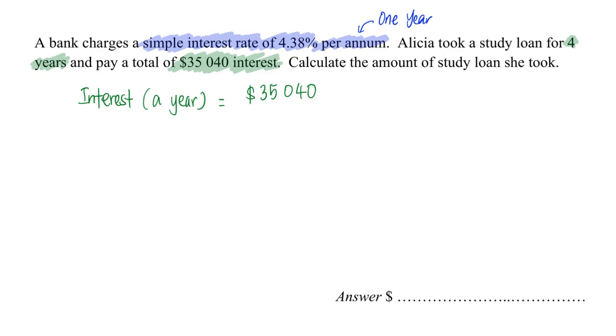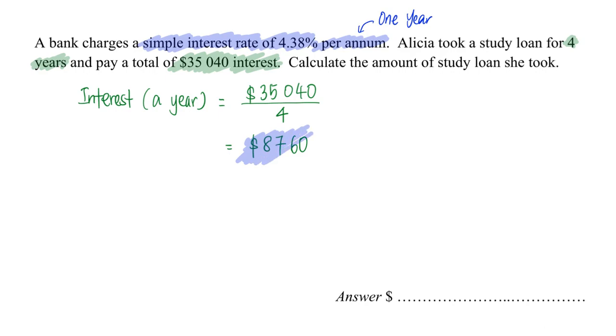Given that I paid so much for 4 years, I'm going to divide by 4, and this will give me a value of $8,760.